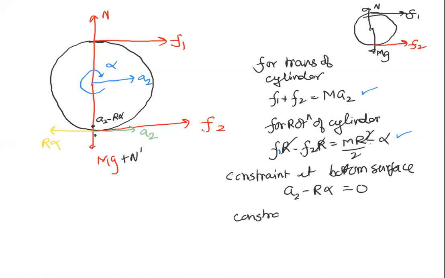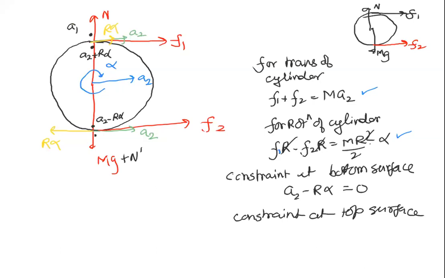Then constraint at the top surface. So acceleration due to translation, A2. Acceleration due to rotation, R alpha. So the acceleration of this point is A2 plus R alpha, and the acceleration of this point is A1.